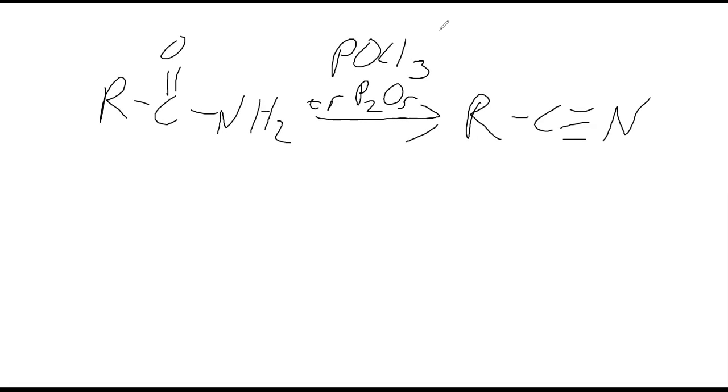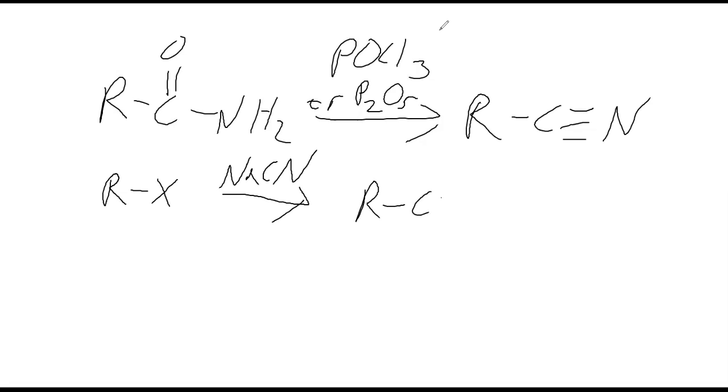Now we could also make our nitriles from alkyl chlorides that we can kick off using sodium cyanide. That's going to essentially just become a nucleophile and kick that off. And so we have a nitrile.